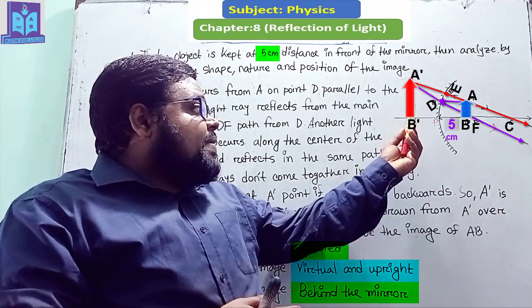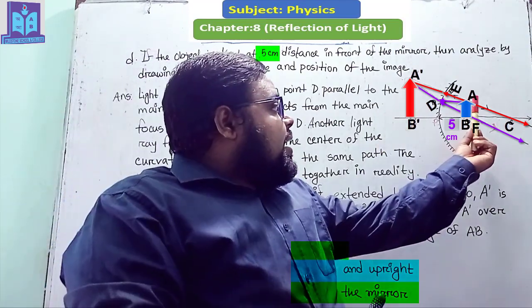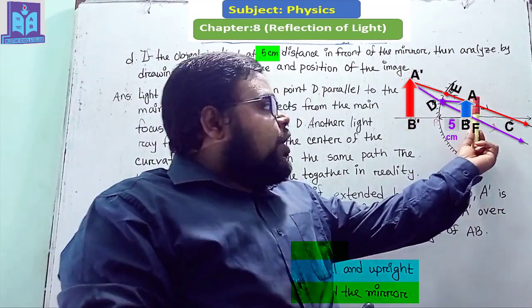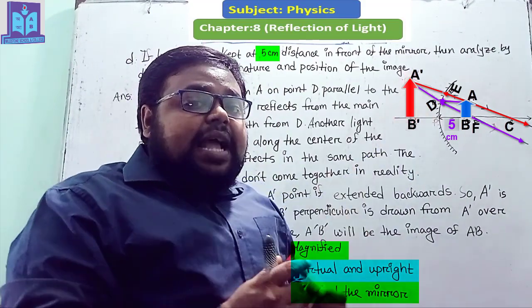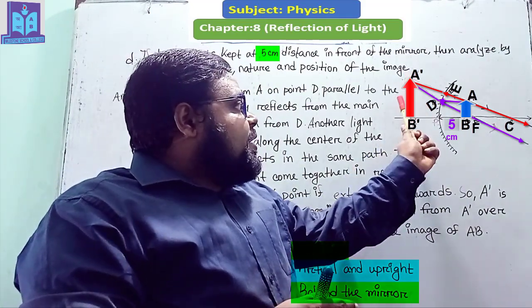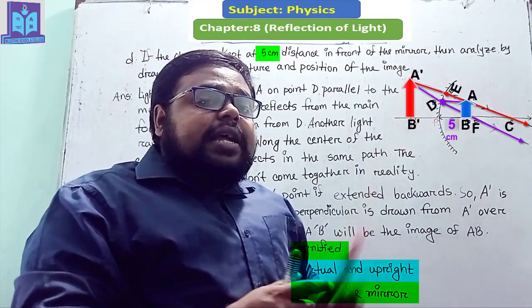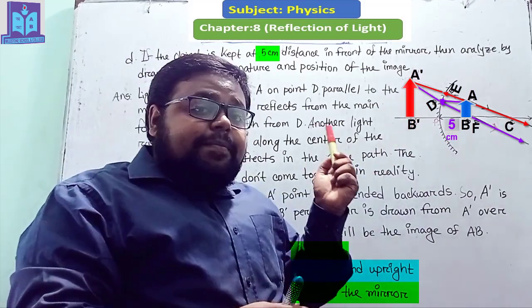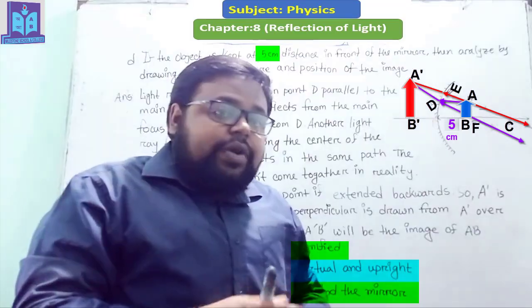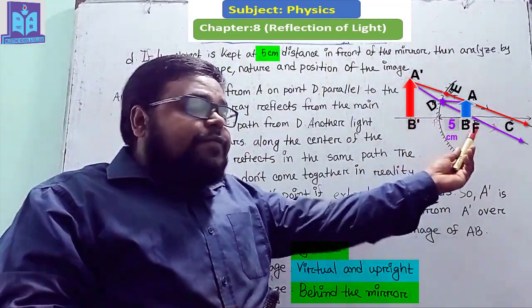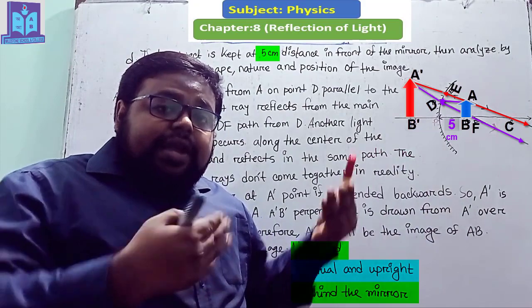This image is upright. But why is this image upright? Here you can see that the object looks like this, and the image also looks like this. The difference between the image and the object is that the image is larger than the object, but they all look the same. They are not inverted. The image is not inverted from the real object.